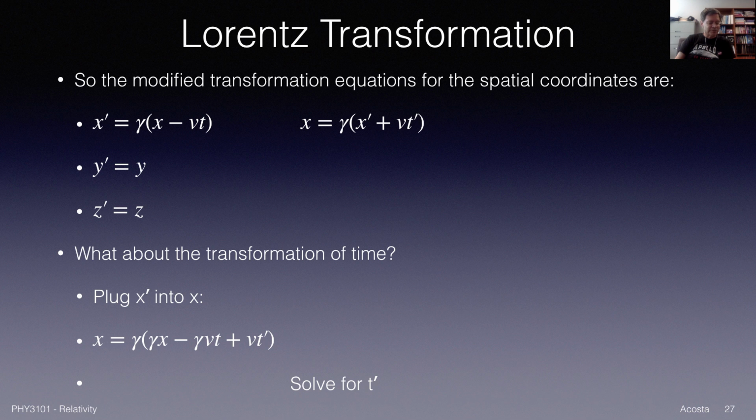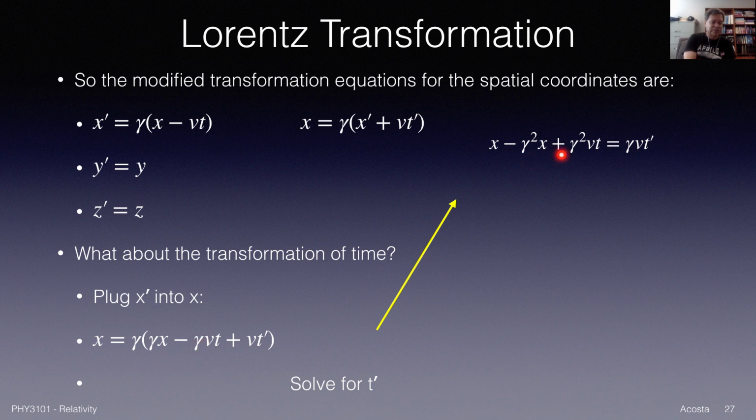Now let's solve for t prime. Okay, so let's use the right side of the screen. Let's put everything that's not t prime on one side of the equation. So I have an x here, which is going to be gamma squared x, but putting it on the left side of the equation means a minus gamma squared x. Then I have a minus gamma squared vt on the right side.